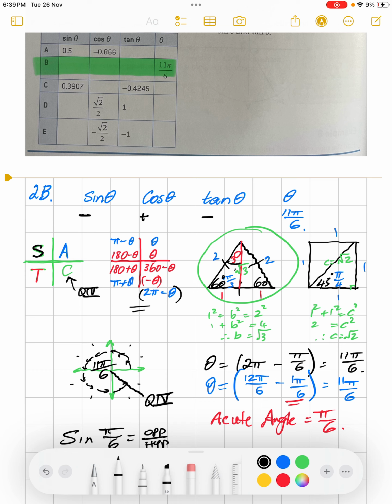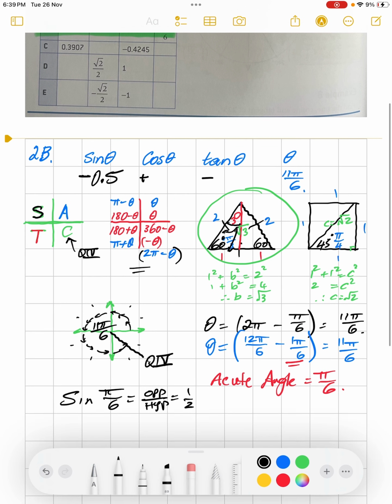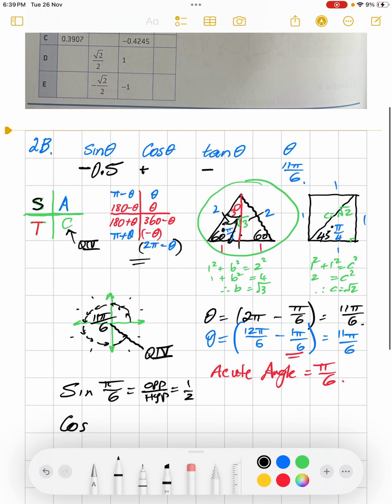The opposite side is 1 and the hypotenuse is 2, so that is a half, or 0.5. So sine of 11 pi over 6 is negative a half.